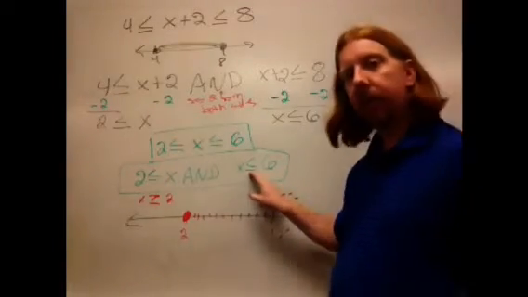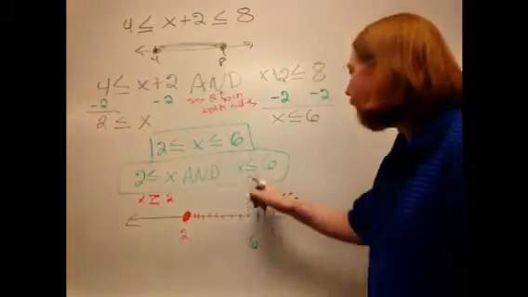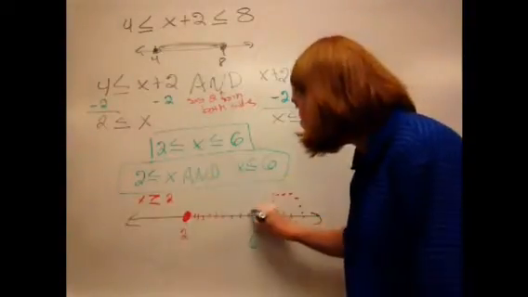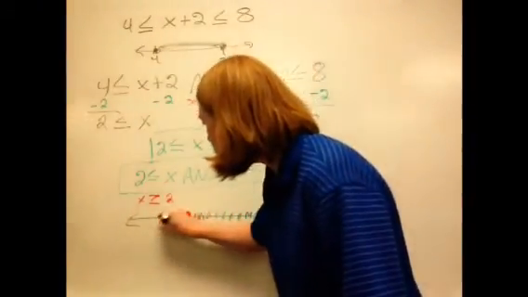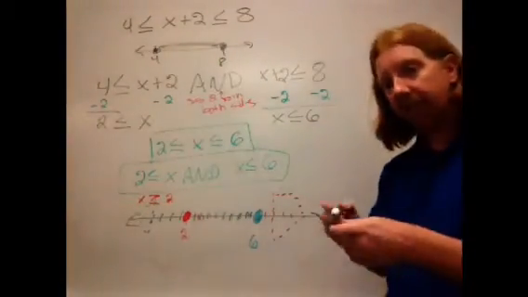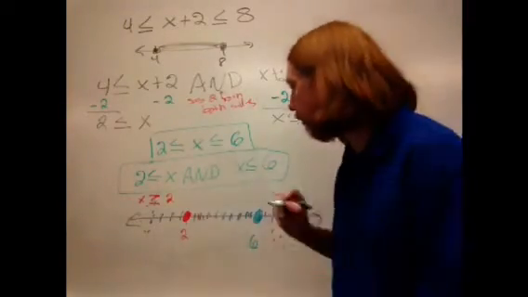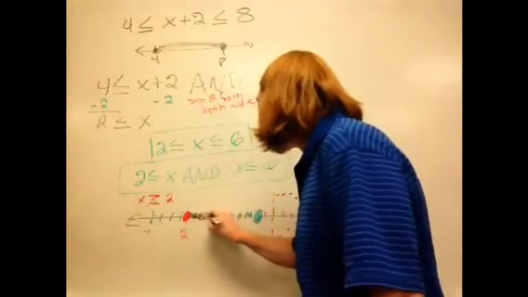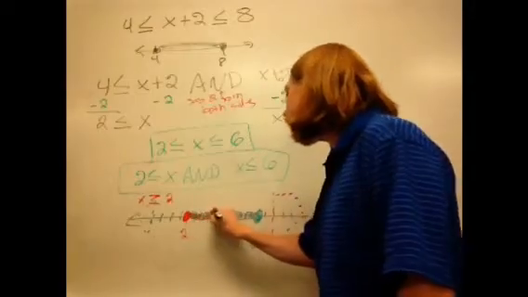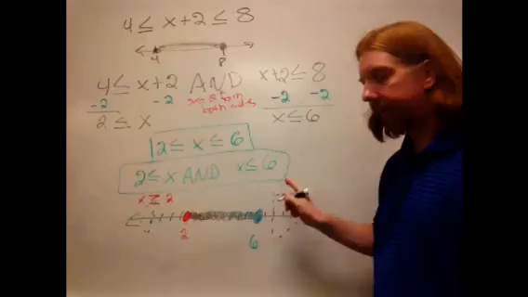If I graph this one, x is less than or equal to 6. Here's 6, solid dot. And I'm going to be going that way with it. Now, when I look at this, I can see the overlap, the intersection of these two terms. This region right here represents all the numbers that satisfy the first and the second statement.